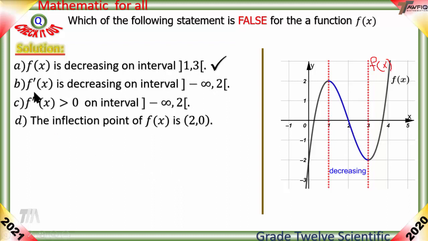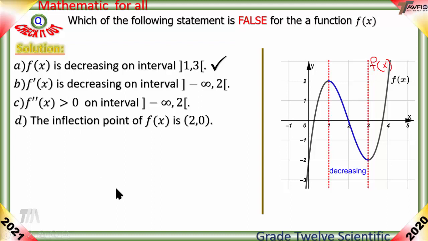f'(x) is decreasing on the interval (-infinity, 2). First of all, to know where f'(x) is decreasing or increasing, we must look at the value of the second derivative. The second derivative must be negative to make the function f'(x) decreasing on the interval.